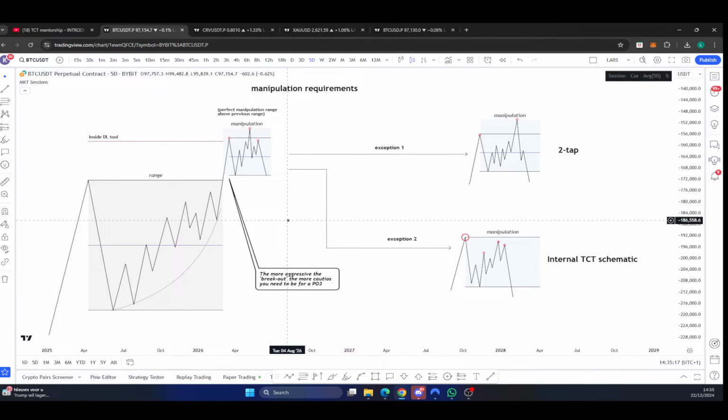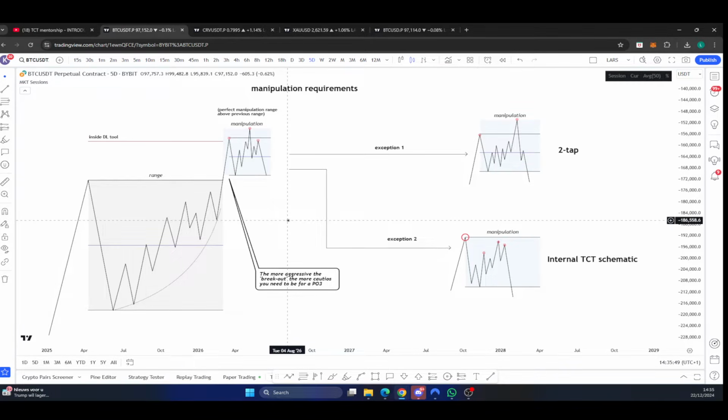And what I said in the beginning of this lecture, that PO3s are traded in the exact same way as a normal distribution, now makes a lot of sense, because the entry in a PO3 is in the distribution model in the manipulation range in case of a bearish PO3, or the entry is in the accumulation model in the manipulation phase in case of a bullish PO3.